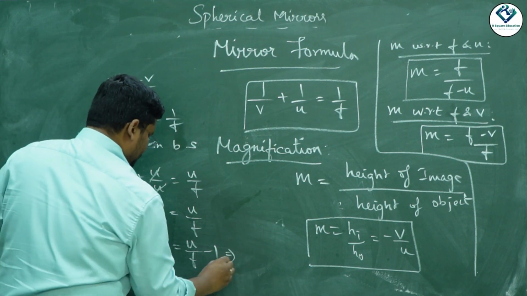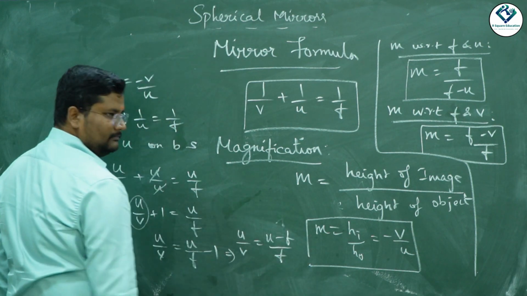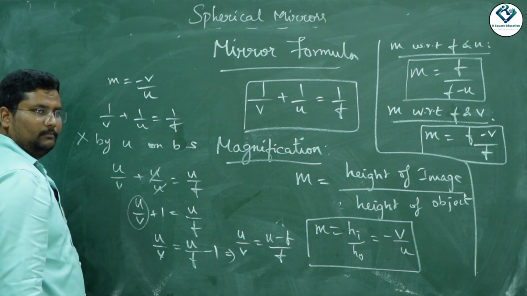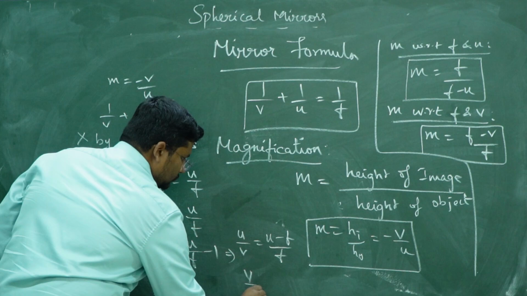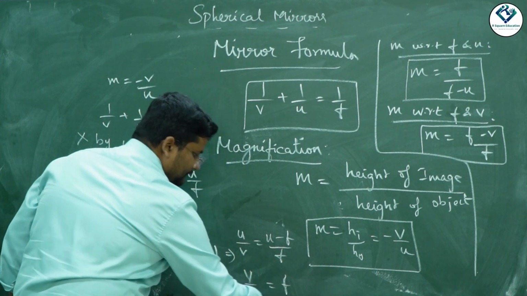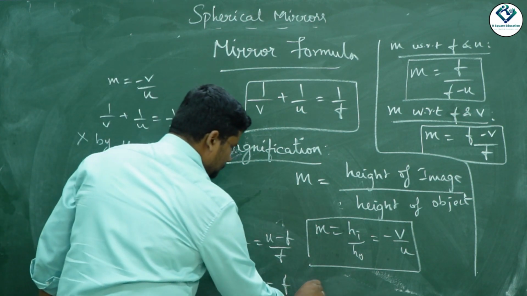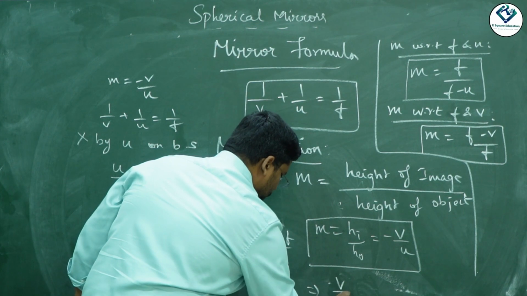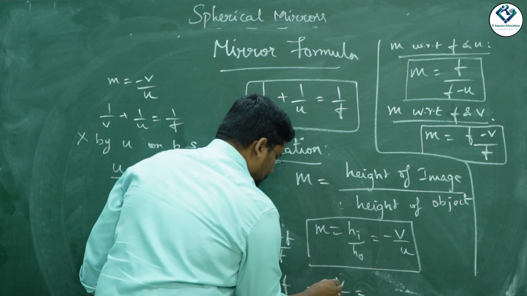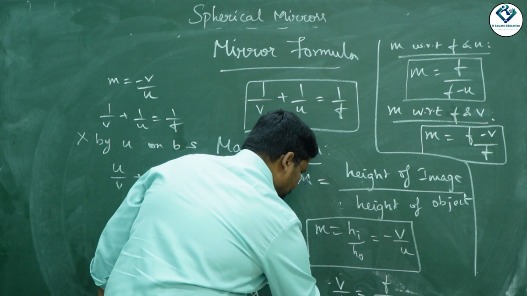So what you will get? u by v is equal to u minus f divided by f. Take reciprocal on both sides. v by u is equal to f divided by u minus f. Take minus out. v by u is equal to, what you'll get? f divided by minus f plus u.